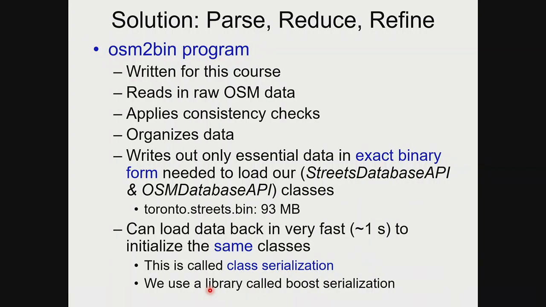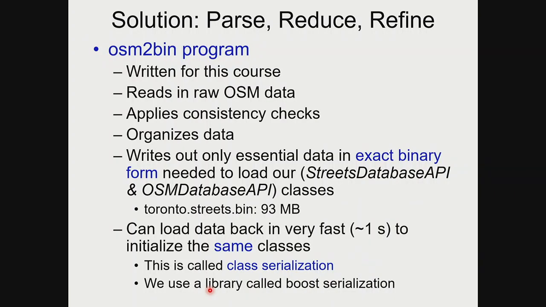All of this process, which is parsing, reducing, refining, is called class serialization. It's a very well-known technique when working with big data. Basically, the job is to load the data in memory, parse it, and try to clean it up, and then use a library that can write this data to a disk so that you can efficiently read it back again later. You can do this manually, and the job will be done.